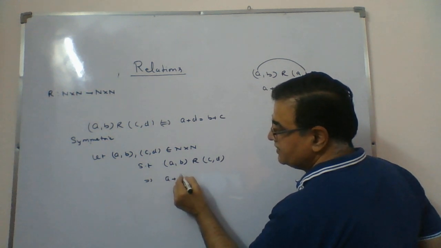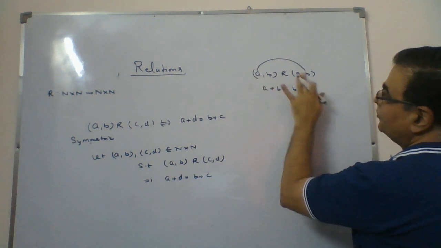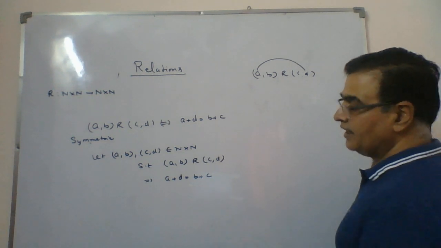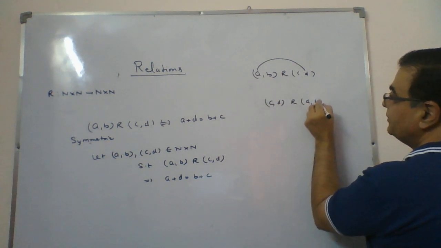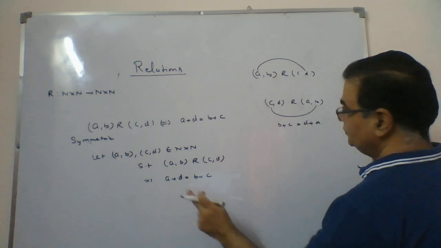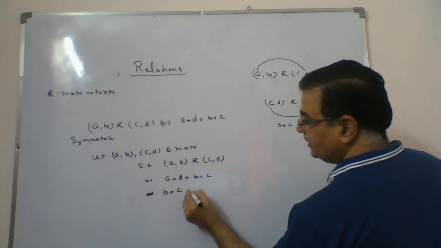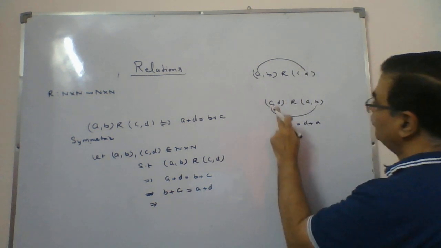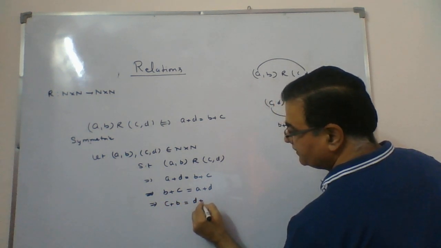This says A plus D is equal to B plus C. And now what I want is (C, D) should relate with (A, B). That means I have to prove that B plus C is D plus A. That is nothing new. This B plus C, I'll take this side first, then this is A plus D. Then you can write this as C plus B, and this will be D plus A.